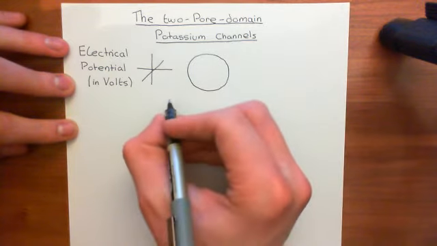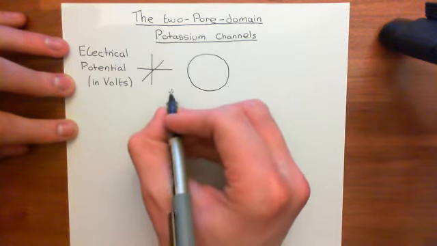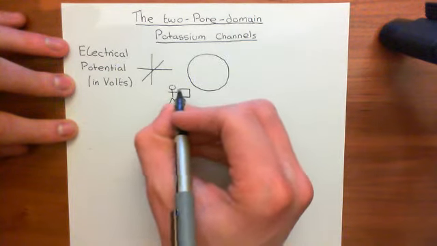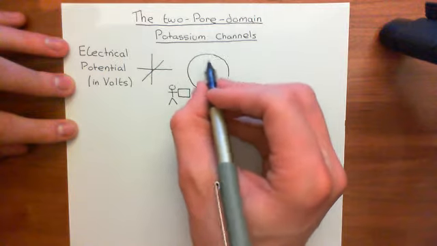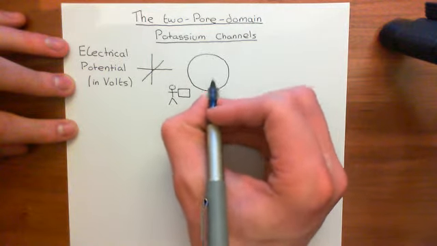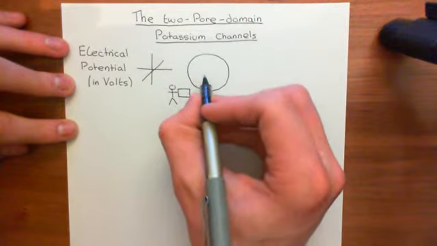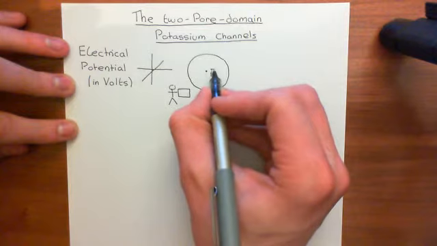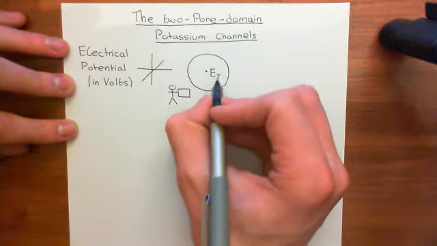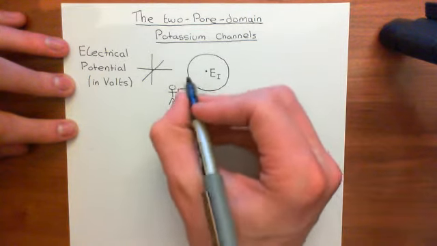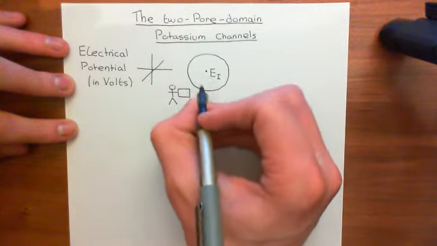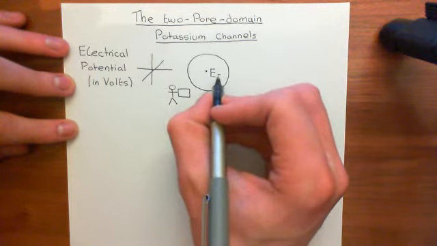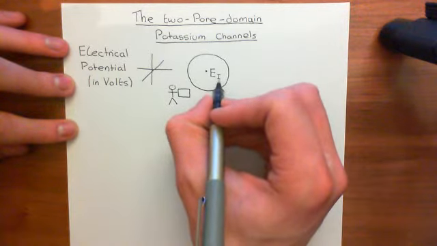If I had a little man with a clever machine capable of measuring electrical potential, he could stand in any position within the cell and he would get the same number everywhere. We'll call this the electrical potential intracellularly. Wherever you go within the cell, you have the same electrical potential, and we'll call that capital E for electrical potential, with subscript I for intracellular.